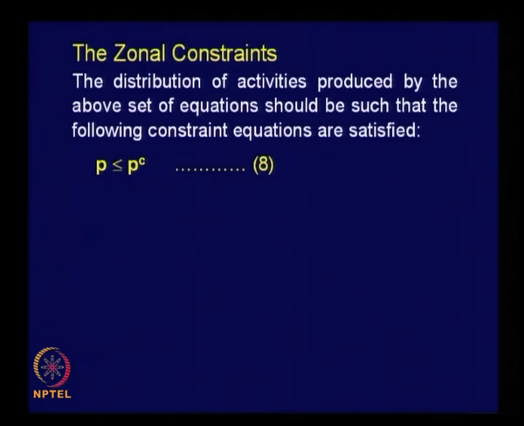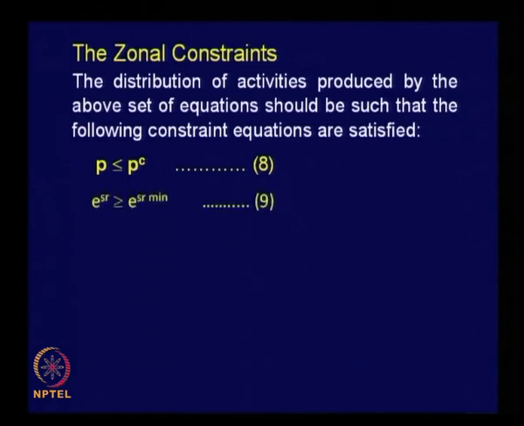C stands for capacity, P stands for population. Okay. The allocated households or population should be less than or equal to the capacity of the zone, and E_r should be greater than or equal to E_r minimum, right.